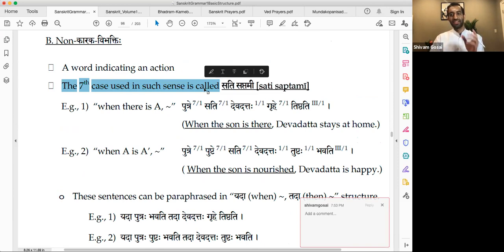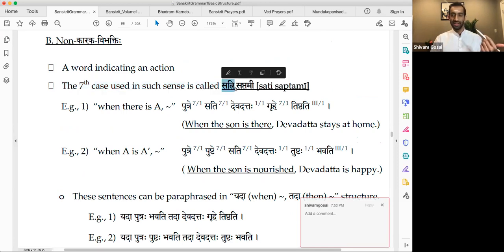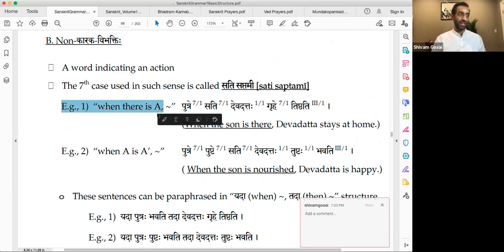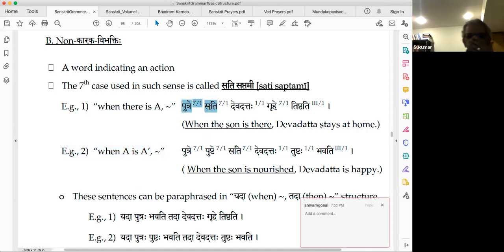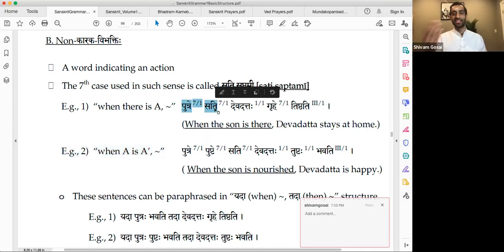The 7th case can be given when it's used with the word sati. When 7th case is used with the word sati, then these two phrasings can come: when there is a, or when a is a. It's like a math class. So like putre sati, when the son is there.